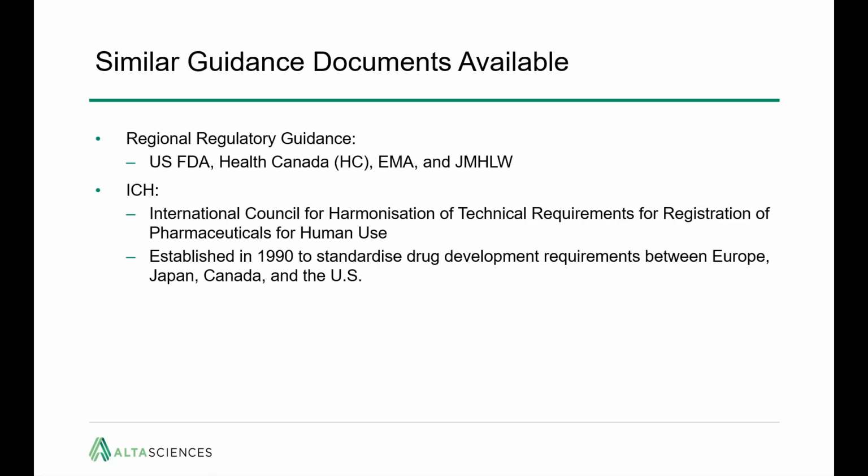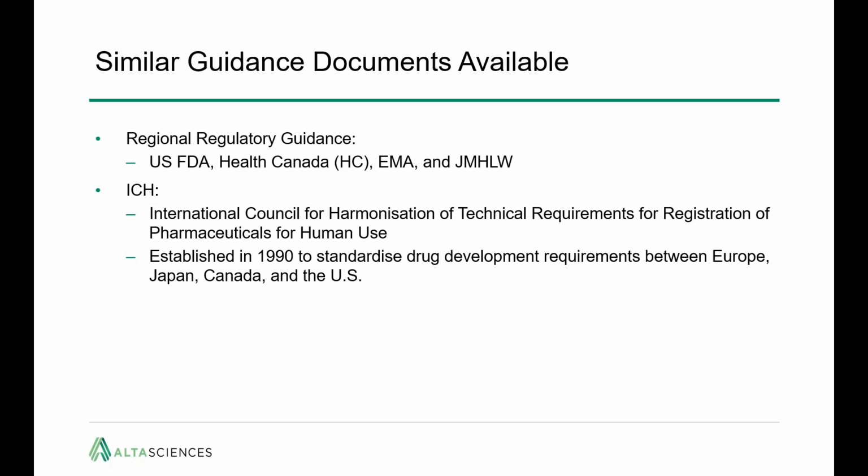There are several helpful resources available to guide this process. Regulatory guidances are available specific for each regulatory body. In addition, the International Council for Harmonization offers comprehensive and standardized overviews of the technical requirements for pharmaceuticals intended for human use.